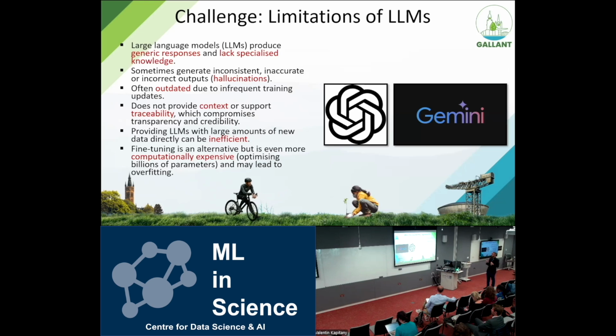So one may suggest large language models, which are very powerful tools, but they do come with notable limitations. First of all, large language models don't have access to specialized knowledge bases, which means that they may generate generic responses and lack depth in their responses.